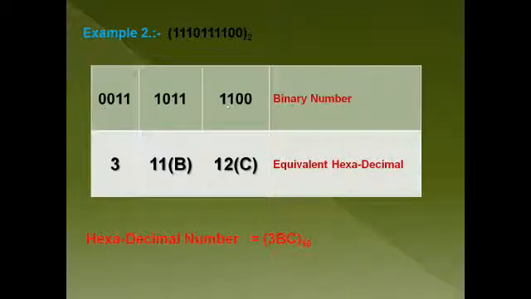Now in the table, you will see 1100 value is hexadecimal 12, means it is C, and 1011 means B, and 0011 is 3. So the hexadecimal number is 3BC, and base is 16.